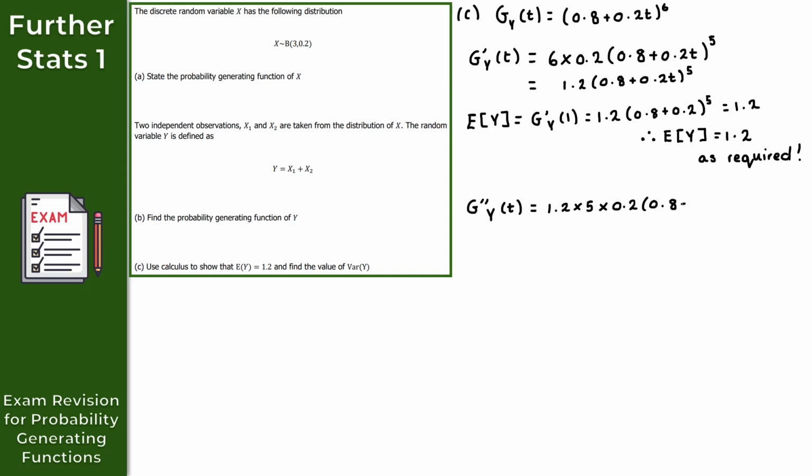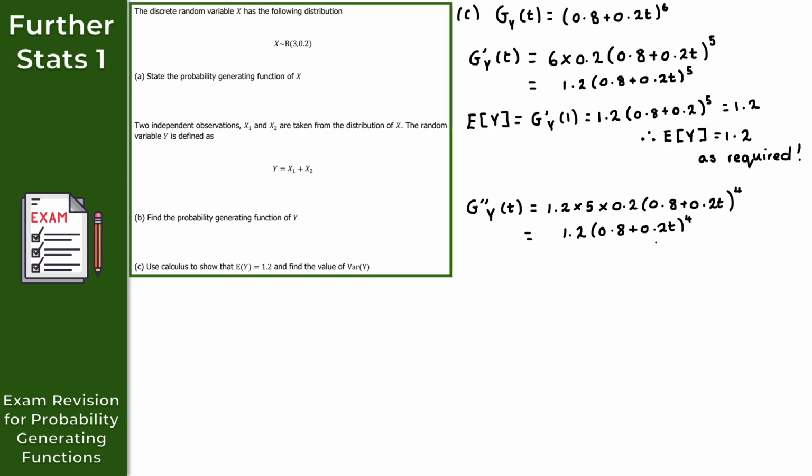So I get (0.8 + 0.2t), reduce the power by 1, so this is all to the power of 4. If we now simplify, 1.2 times 5, then times 0.2, what I actually get is just 1.2 again. So I get 1.2 times (0.8 + 0.2t) to the power of 4.